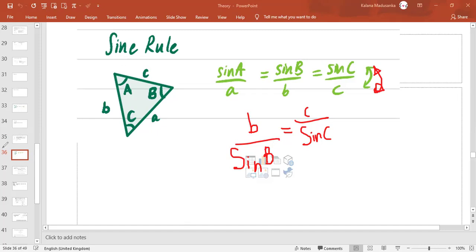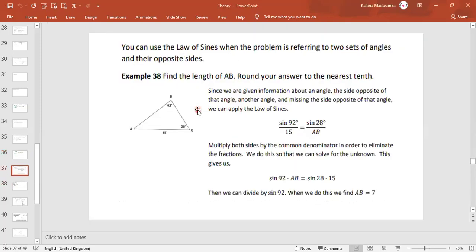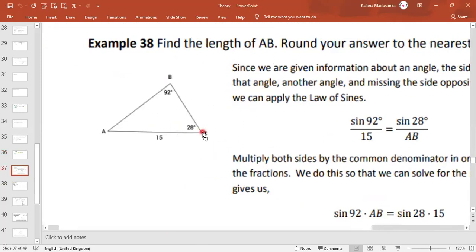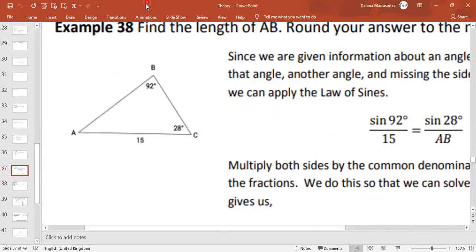Okay, let's do some questions from this one. Now, in this case, you can see this is not a right angle triangle. However, you can see that two angles were given and one distance. As I recall, if you have at least two angles, you can find anything, right?